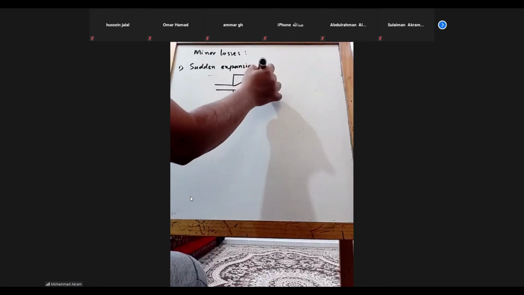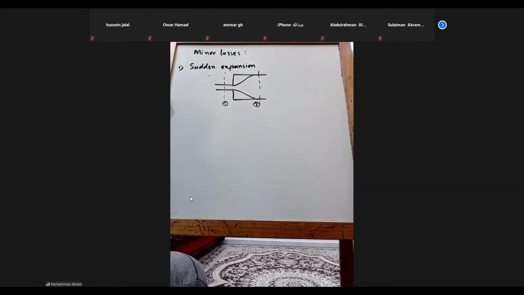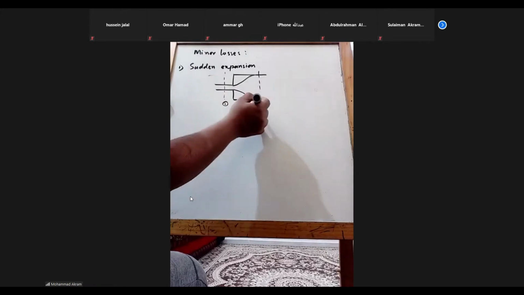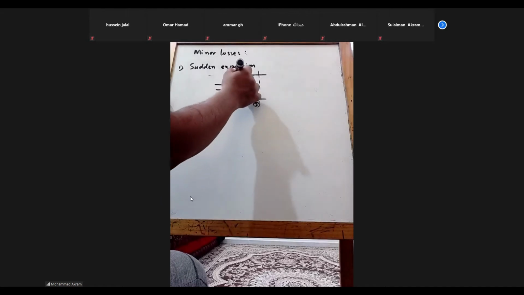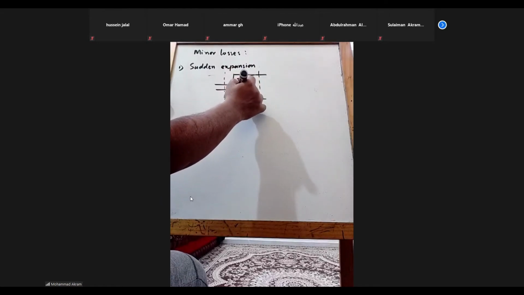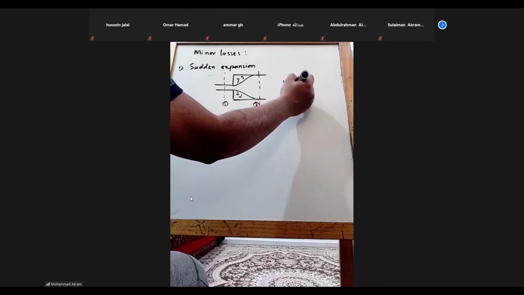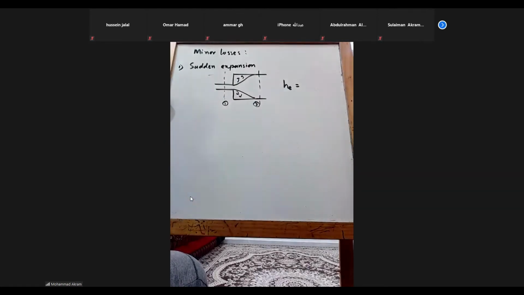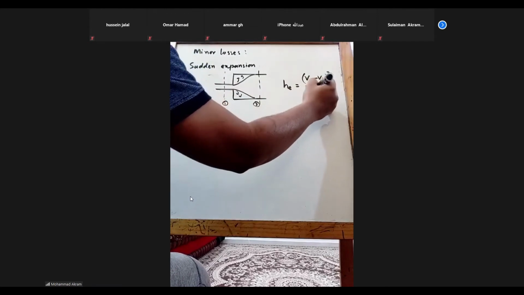If I apply the continuity, Bernoulli equation or energy equation at 1 and 2, the area at 1 is A1 and area at 2 is A2, and velocities are V1, V2. Then the head loss due to expansion, HE, is equal to (V1 minus V2) whole square divided by 2G.